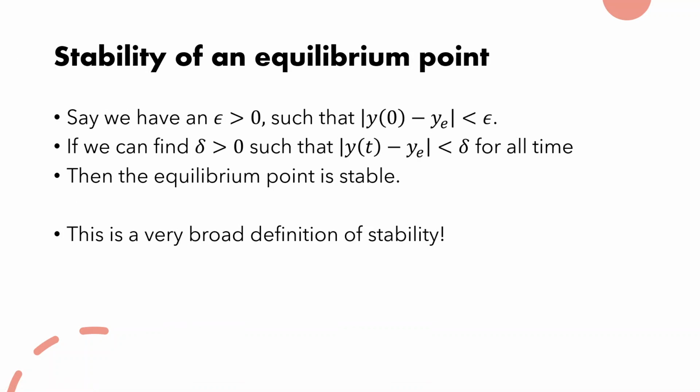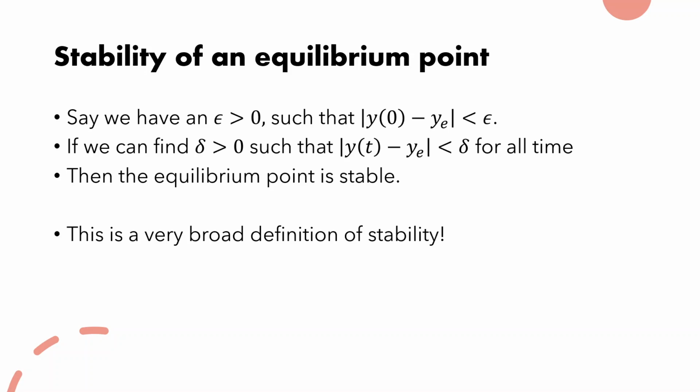So let's talk now about the stability of an equilibrium point. And this is the formalism that we're going to use to jump off on our discussion regarding linear stability. So let us say now that we have an epsilon greater than 0, some real number, and we begin with the difference between the initial condition and the equilibrium point being less than epsilon. So we're in some neighborhood of the equilibrium point.